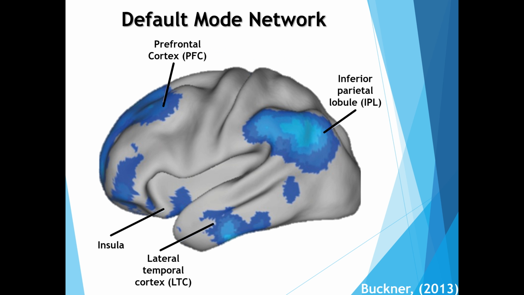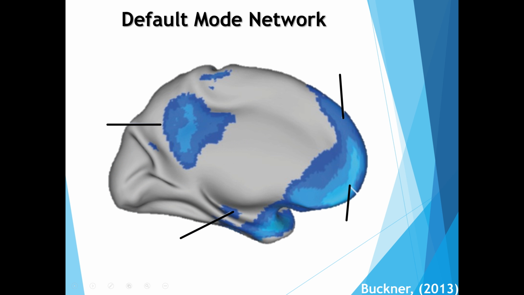The lateral temporal cortex, so the outside of the temporal cortex, as well as the insula. Okay, so the insula would be that little structure right down in there, right above the temporal lobe. Yeah, those are four components of the default mode network. You also have the dorsal medial prefrontal cortex, so dorsal medial, top middle-ish portion of the brain, the prefrontal cortex.